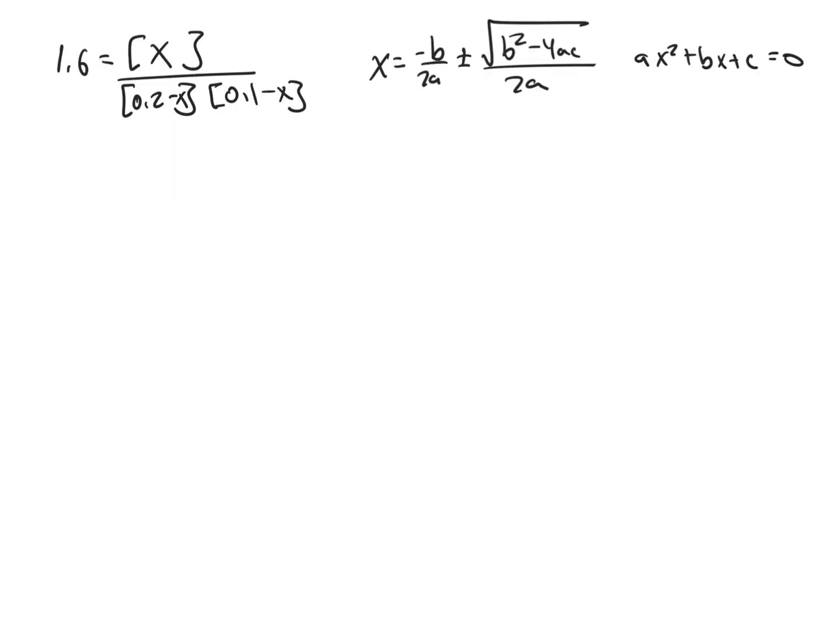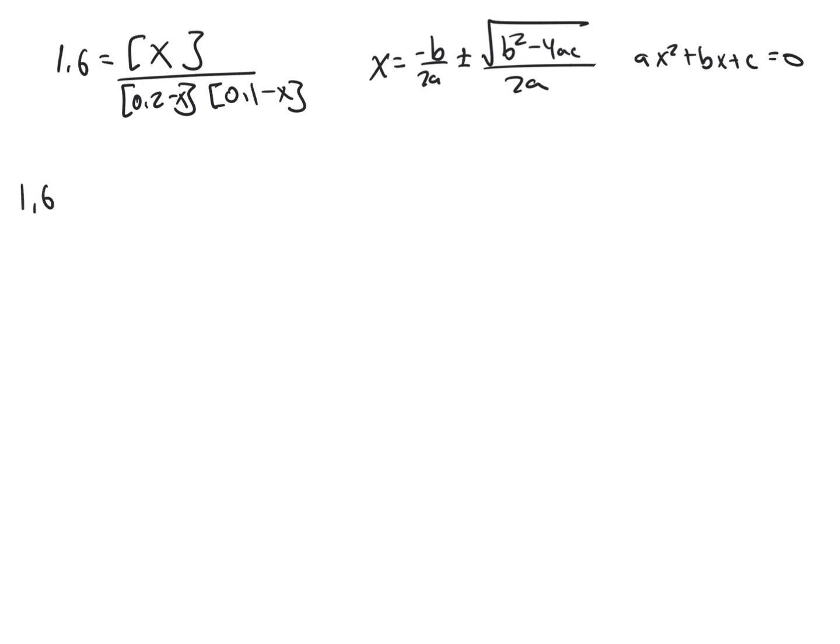So the steps of algebra that we need to do there, we're going to need to get everything out of the denominator first. We can't have a denominator in this sort of approach. So we've got all this stuff in the denominator, so we're going to multiply both sides by all that stuff that's currently in the denominator.